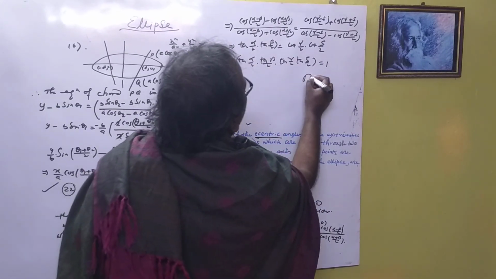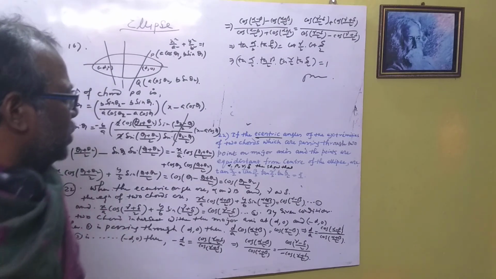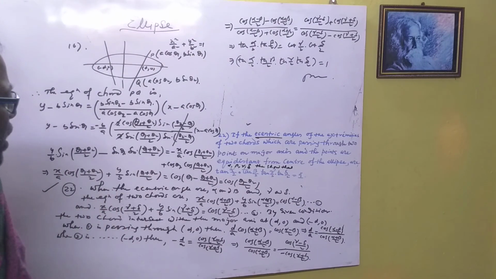Okay, this is a very interesting question. These are the last two questions, 16 and 22, from the SME book. This is a very important question for JEE and other exams. Okay, see carefully. Bye.